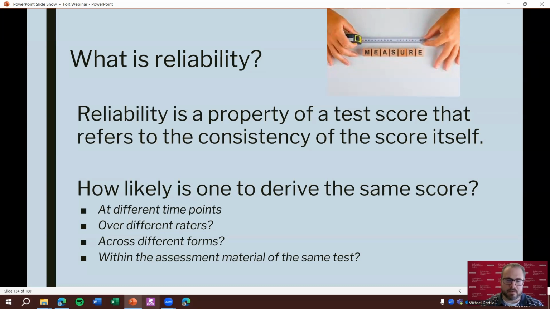So if I give the kid a different test across time points, how likely is it the scores will match? If I give the test and you give the test, is there a difference between the scores, right? And that could be a way that the test is given. There are a lot of ways that you can maybe emphasize different words when you're giving instructions, or it's not specific about what tools the student can use during the test to aid them.